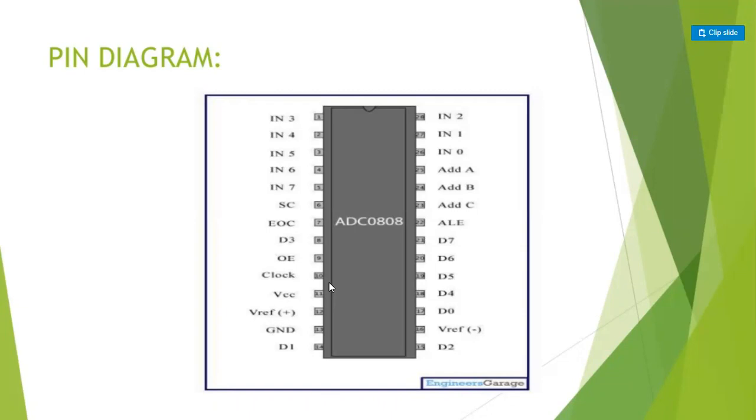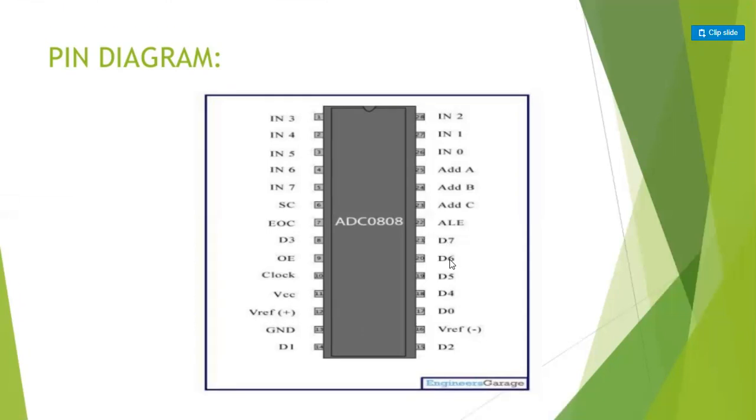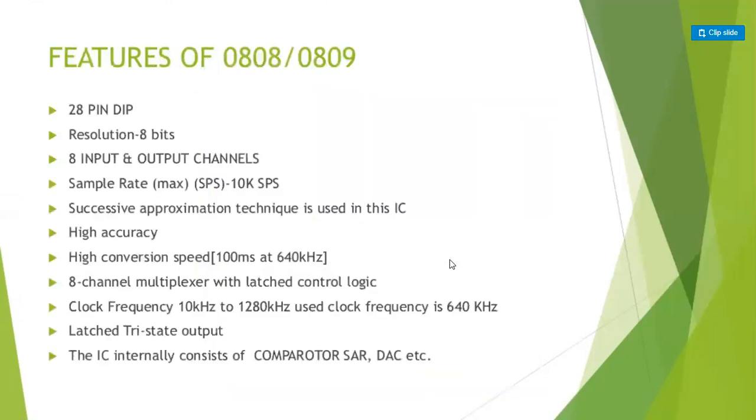Then there are SC, EOC, D3, which are data lines, clock, VCC, V reference, ground, D1, D2, then V reference, and again D0, D4, D5, which are data lines. This is my ADD A, ADD B, ADD C, and this is my ALE, address latch enable. So this is the pin diagram of ADC 0808.